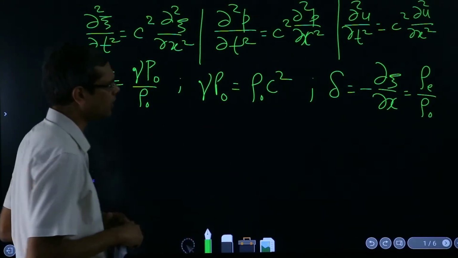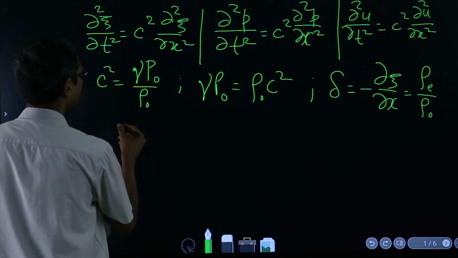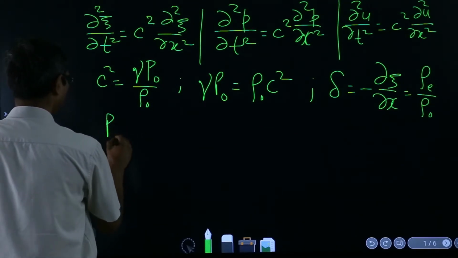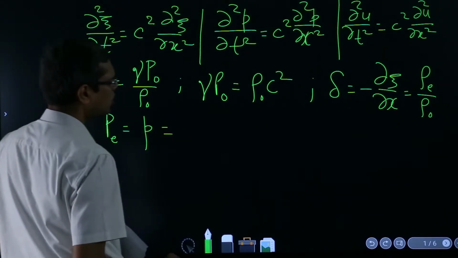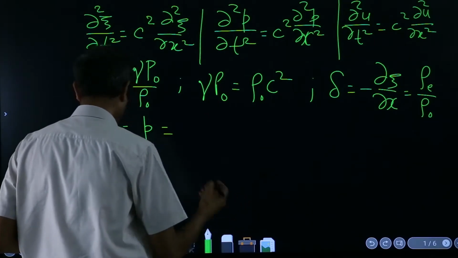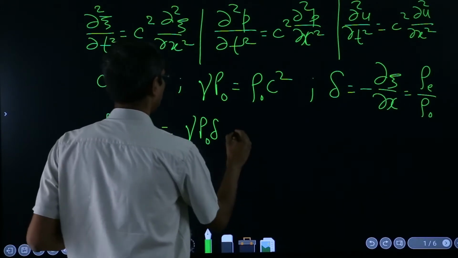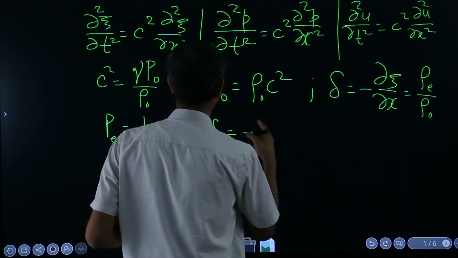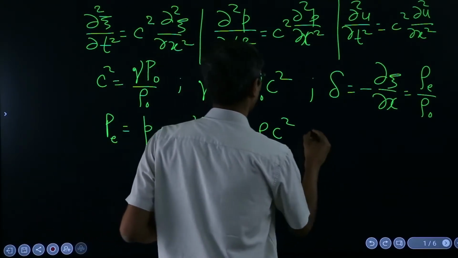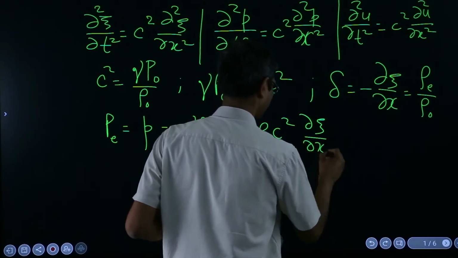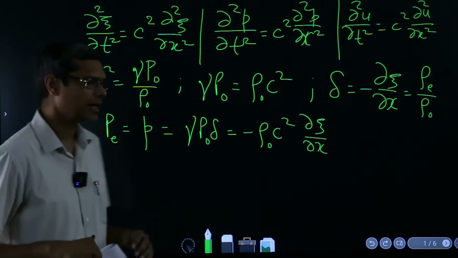That is what we defined, and then we said that the excess pressure, P excess over P naught, which we denoted as small p, was coming out to be gamma P naught delta, which you can also write as negative of rho naught c squared d xi by dx. So this is the summary of the results which we had derived.